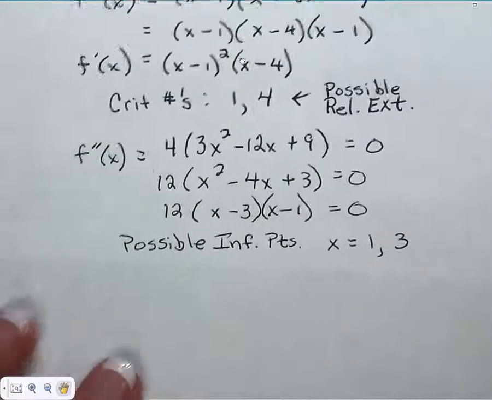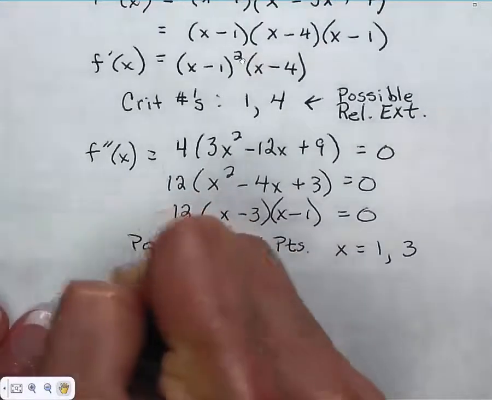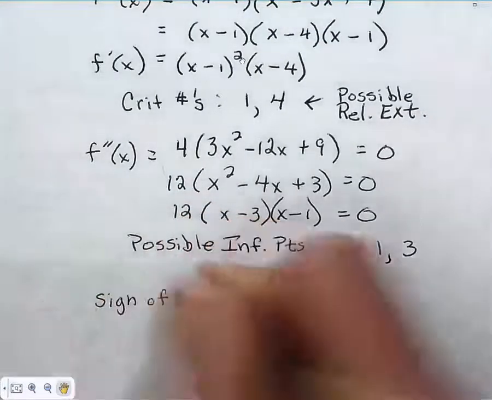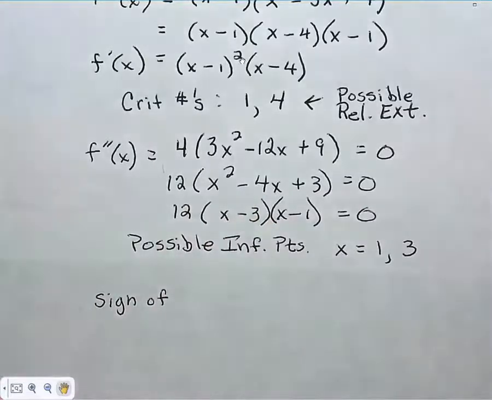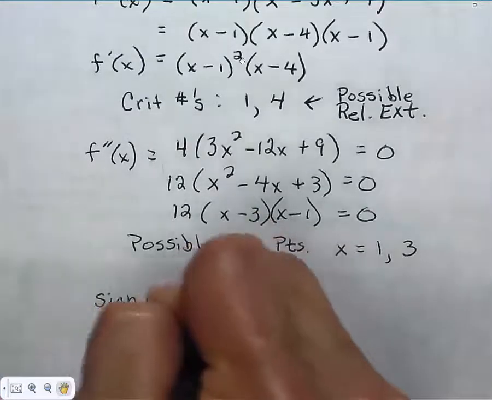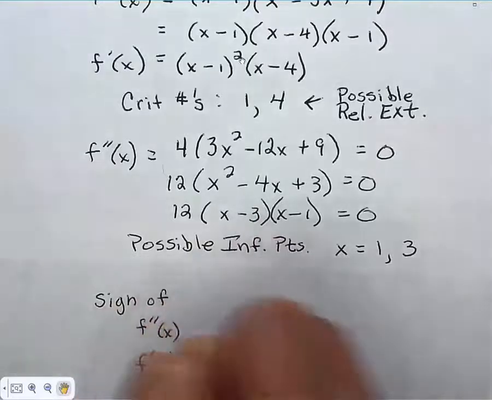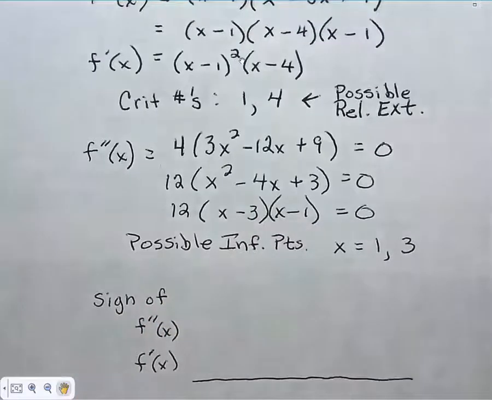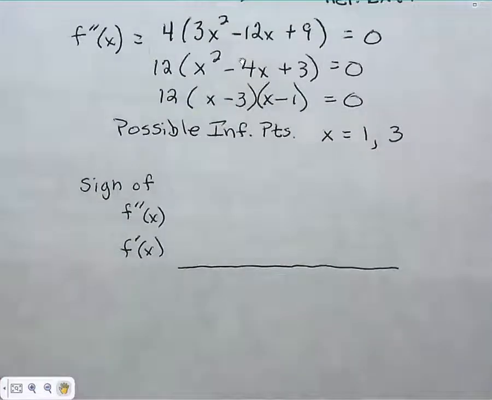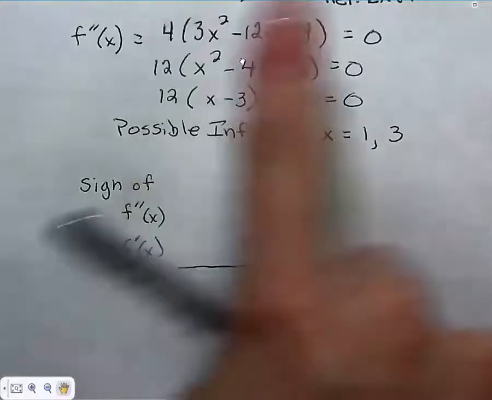So I'm ready to look at the sign of the derivatives. And here's how I'm going to write my number line. I'm going to find the sign of the second derivative and the sign of the first derivative all on the same number line. I'm going to put all, let's see, I had found 3 possible somethings, 1, 4, and 3.